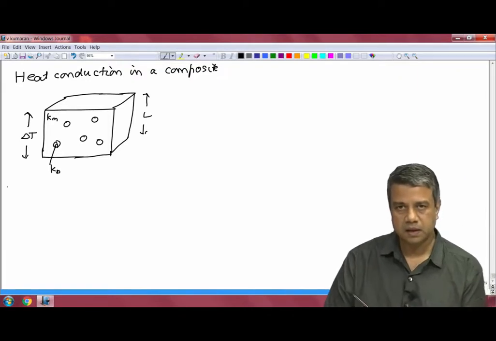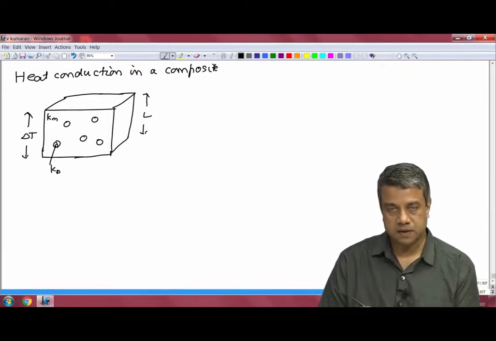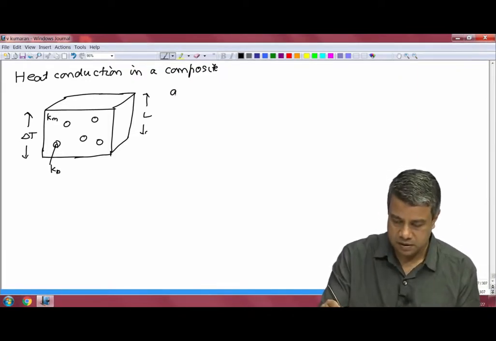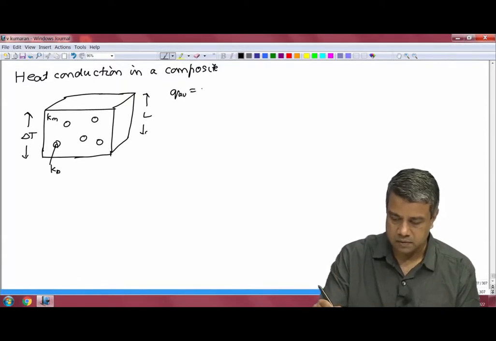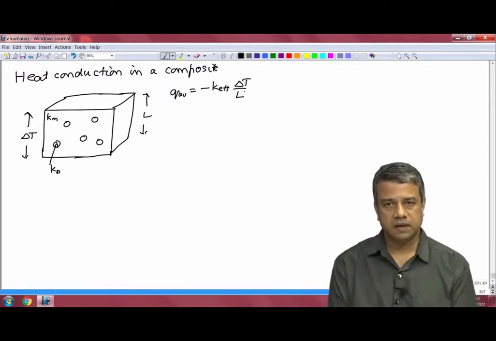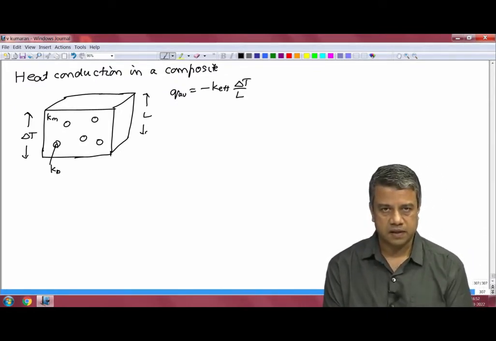And we wanted to find an expression for the average flux, Q average is equal to minus K effective delta T by L, where K effective is the effective thermal conductivity.